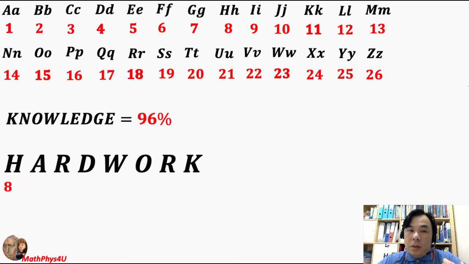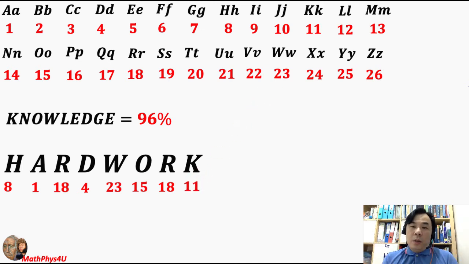And then I'm going to assign A with 1, R as 18, D 4, W as 23, O as 15, R as you can see is 18, and then lastly K, which has a numerical value of 11 here.